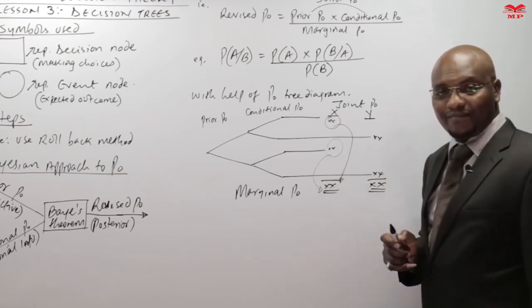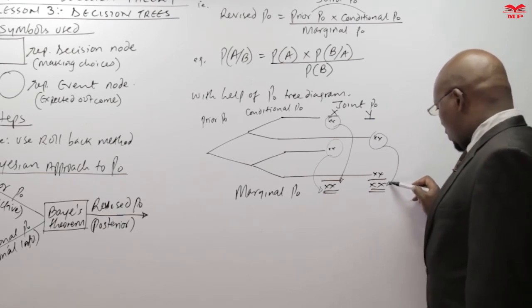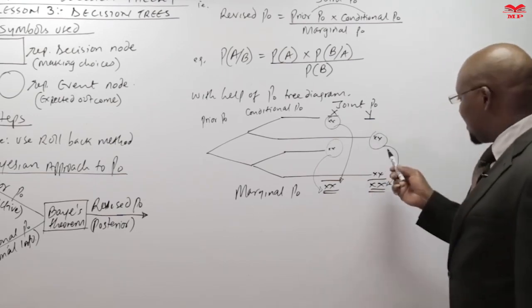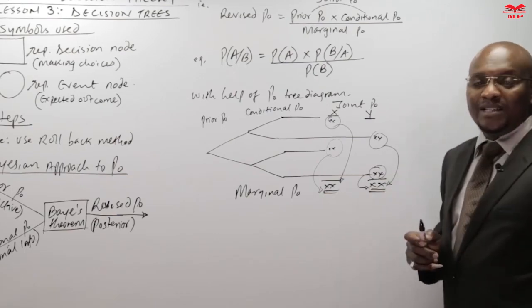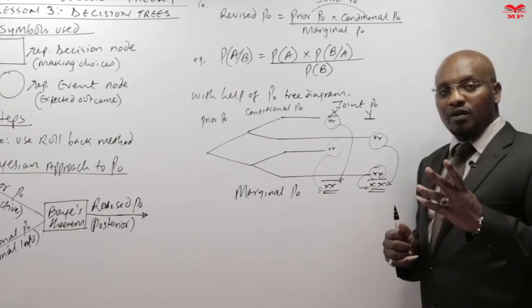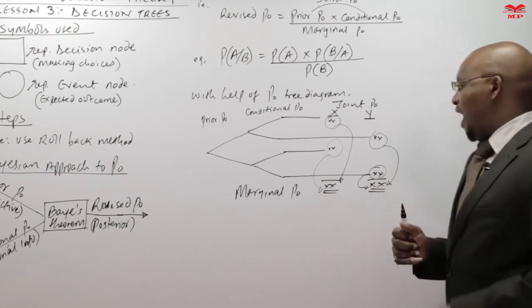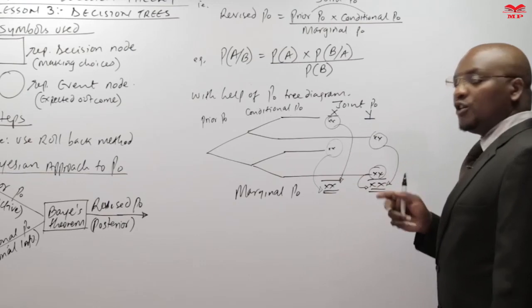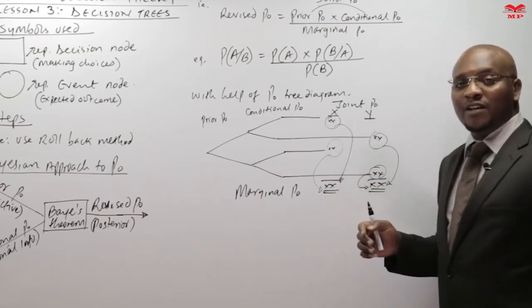This is a joint here. I divide by the total. This is another joint here. I again divide that way. That means I'm going to have 4 revised probabilities, because I'm having these 4 joint probabilities, and I can divide now by the respective marginal.